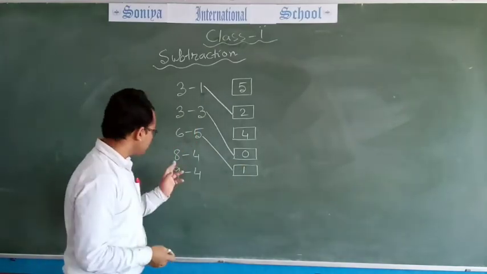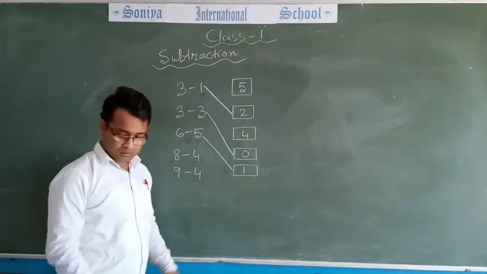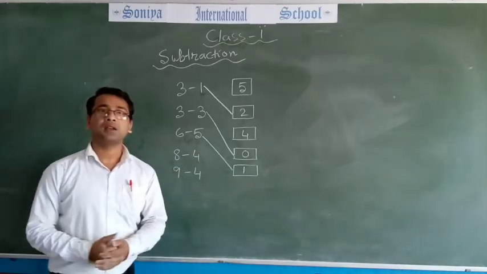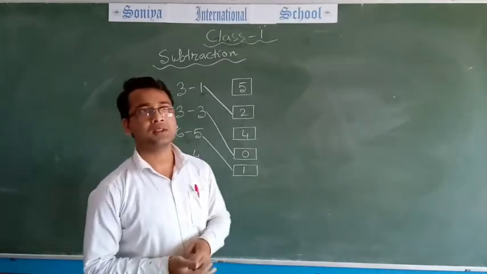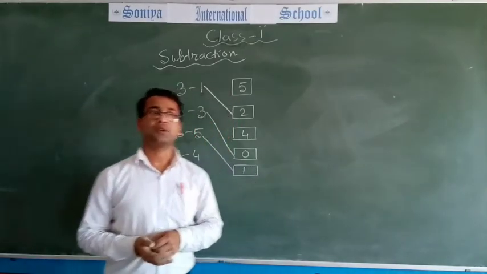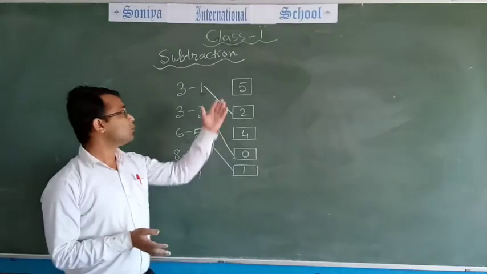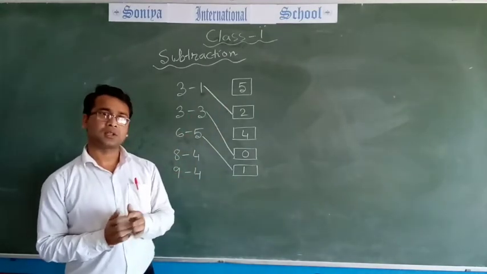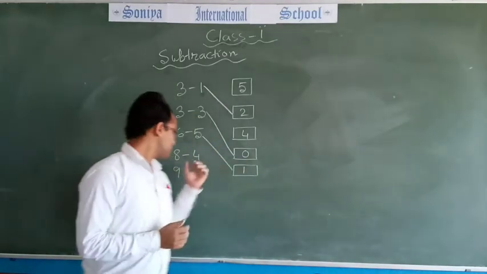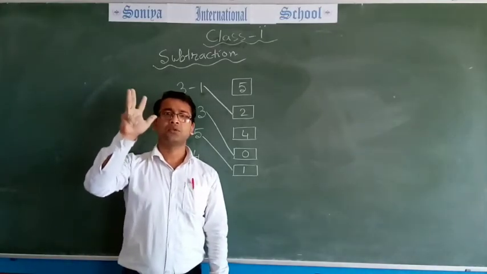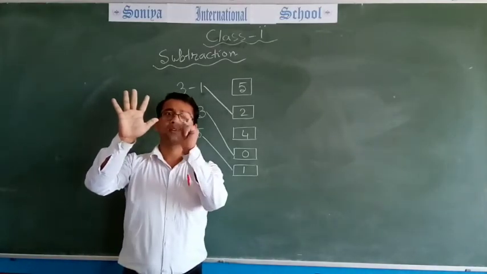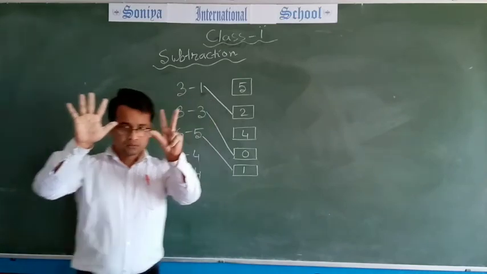Next one, 8 minus 4. Similarly, I count fingers and take away fingers and how many left with me, then match it. First 8. 1, 2, 3, 4, 5, 6, 7, 8.